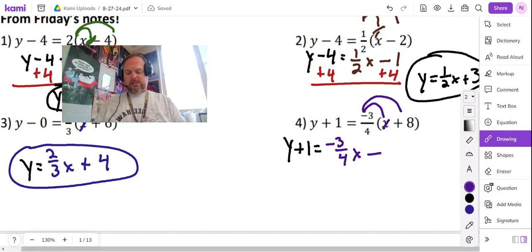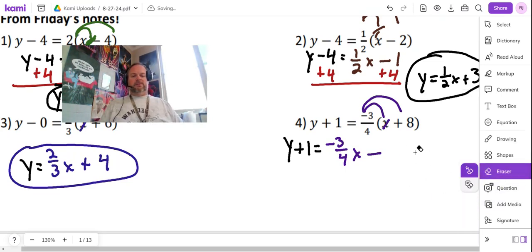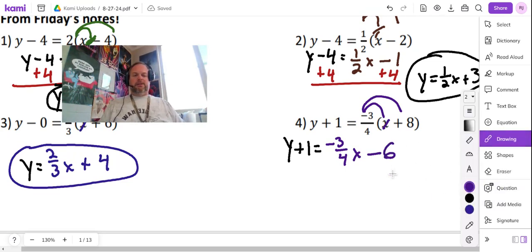And 3, so negative 3 over 4 times 8. I'm hearing whispers. Is it this? Well, if I can write it correctly. Get negative 6? Yes. Okay, good. Actually, I had somebody answer out loud. How do we get this plus 1 over here? What is the opposite of plus? Subtract. Aha.